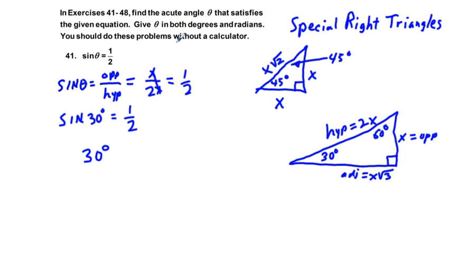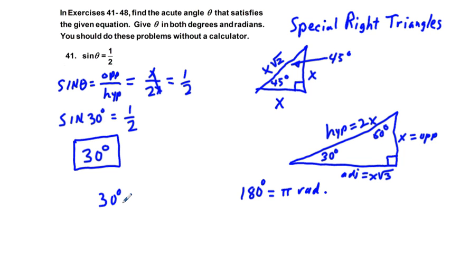It says find theta in both degrees and radians. Well, the relationship between degrees and radians is that there are 180 degrees for every pi radians. And so to convert 30 degrees into radians, we take 30 degrees times pi radians over 180 degrees.